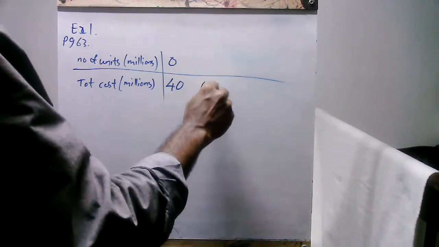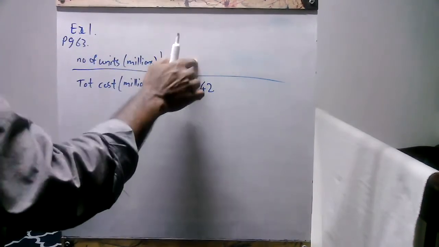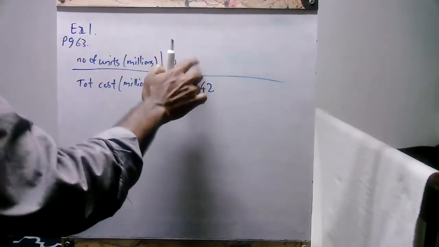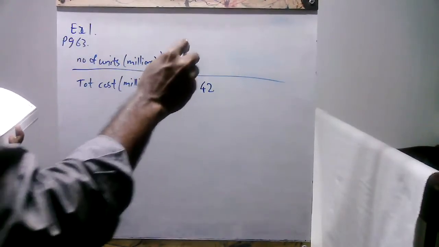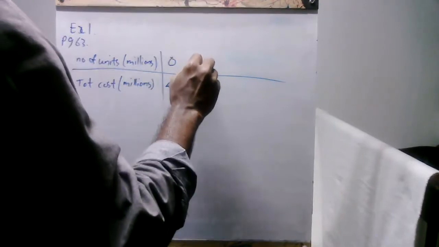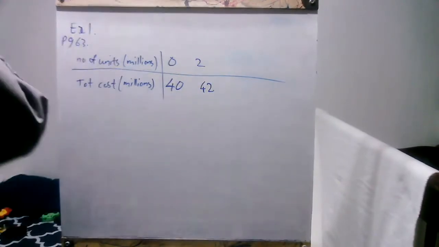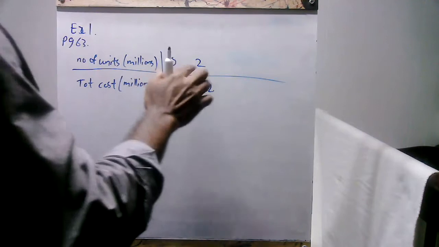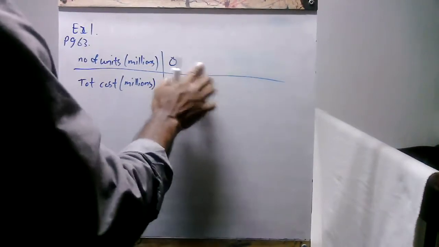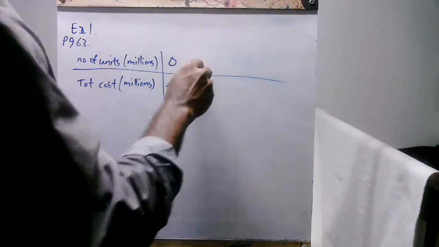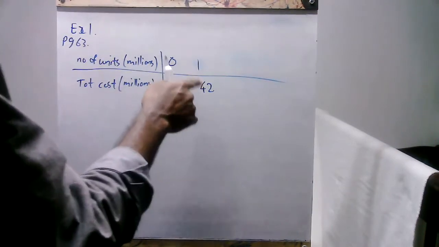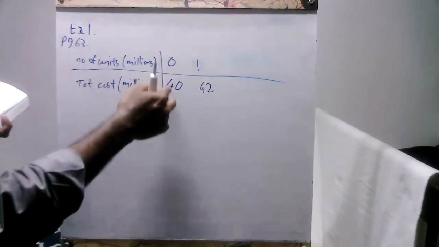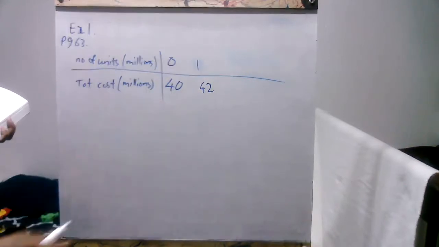That is 42 million to produce how many millions of units? 2. For each million, to produce 1 million of unit, it's spending 2 million. 2 million plus this 40 is 42.